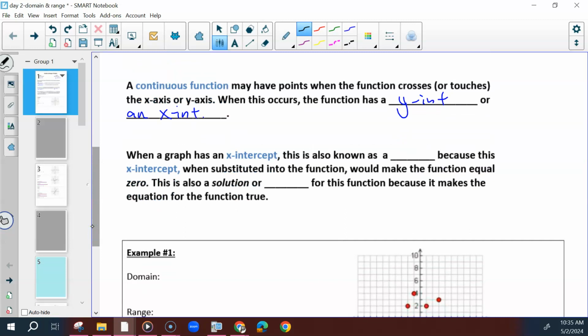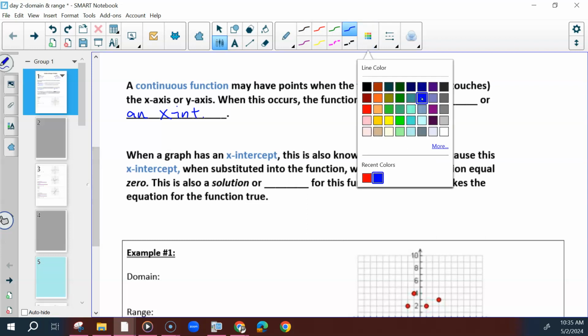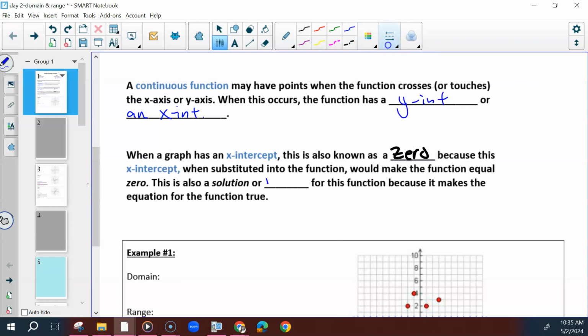And then for that second part, x-intercept is also known as a 0, because if you substitute it in, it would make the function equal to 0. Also known as a solution or a root, because it makes the equation for the function true. So the first couple examples, we're going to determine just the domain and range, and is it a function or not, and then after that we'll find x and y-intercepts also, just as extra review.